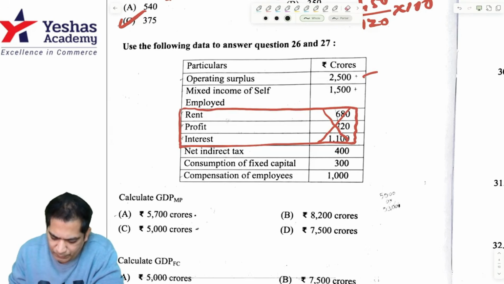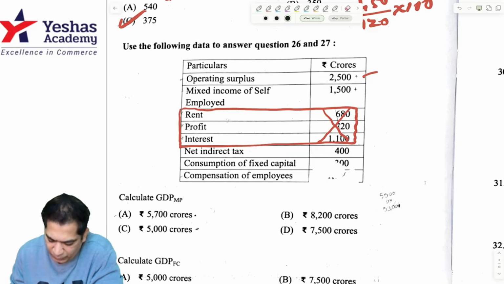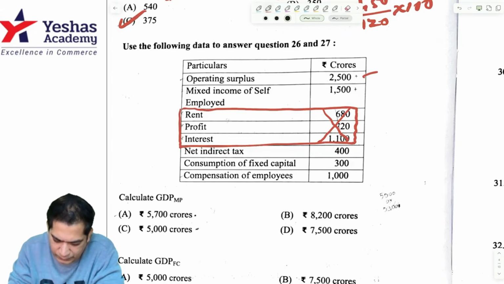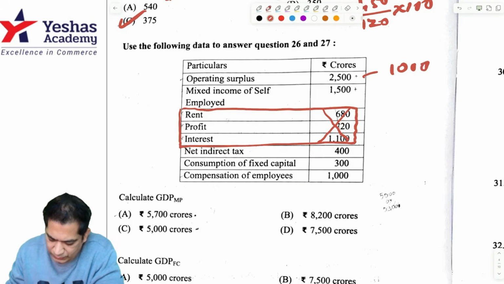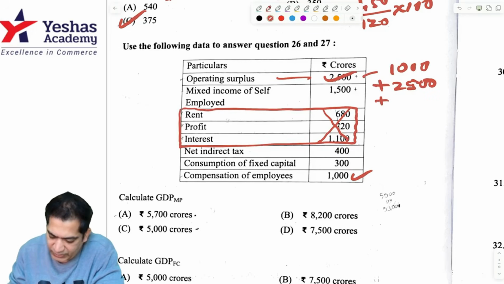Compensation of employees is 1000, taken. Then operating surplus is 2500, taken. Mixed income of self-employed is 1500, taken. Then consumption of fixed capital, that is depreciation, 300, taken. Net indirect taxes we add because we are calculating market price, taken.